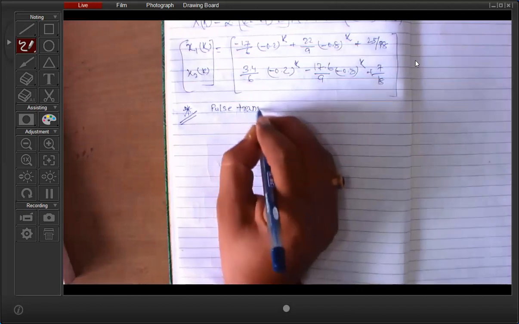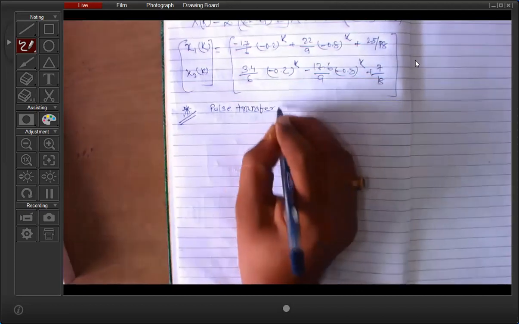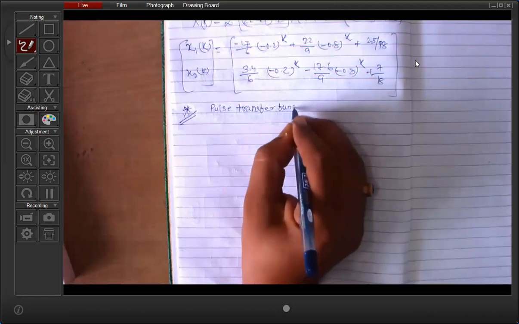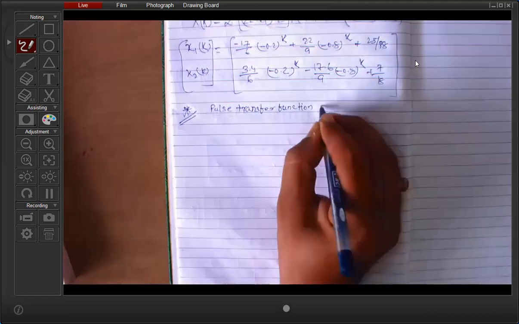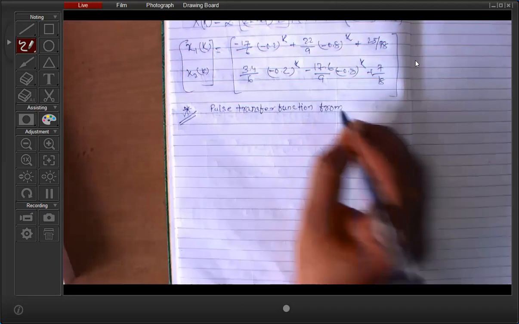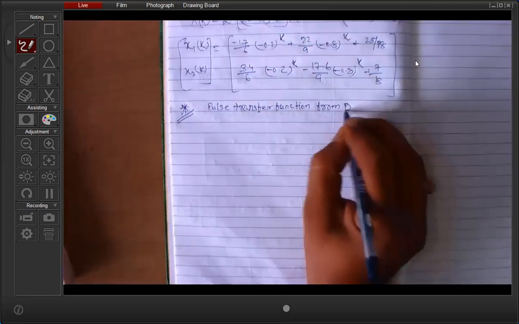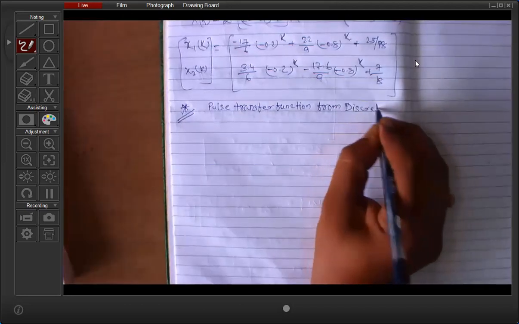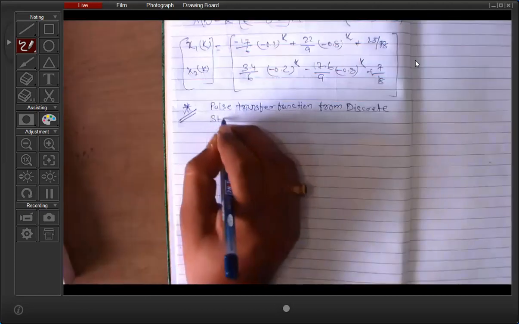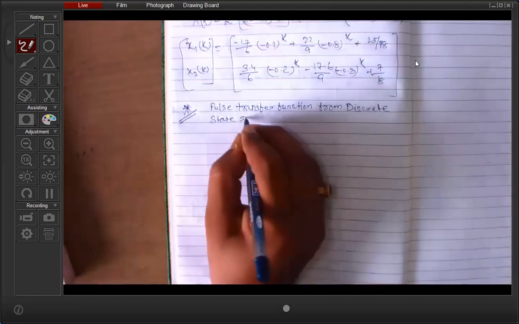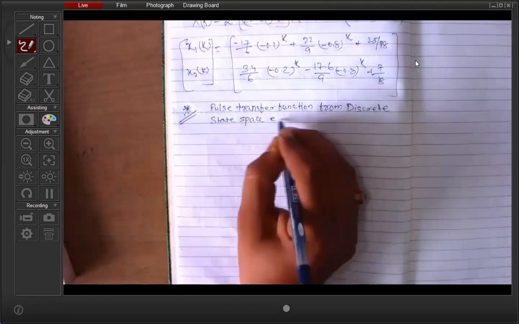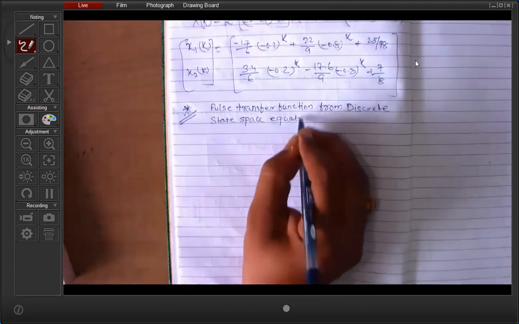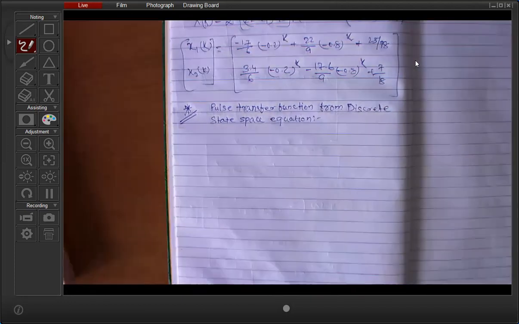Next topic is how to obtain the pulse transfer function from the discrete state space equation, that is, SS to TF.